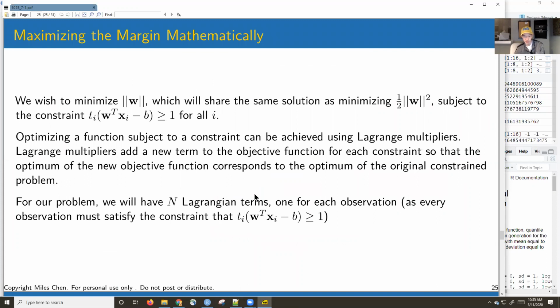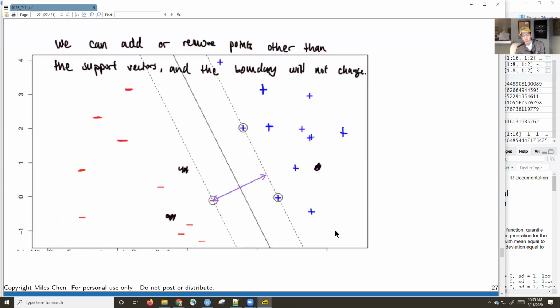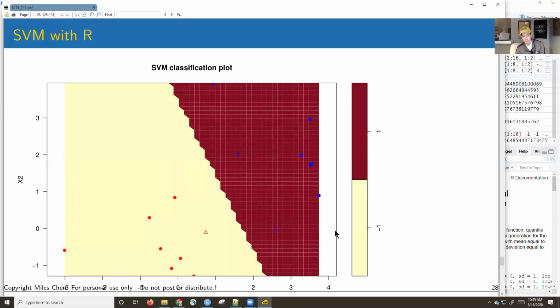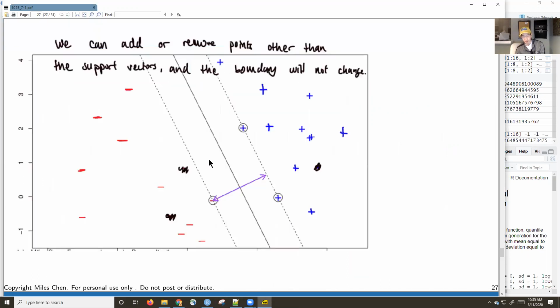Anyway, the constraint that we used here is that W transpose X minus B has to be greater than or equal to 1. Okay, and that's going to give you what's known as the hard margin, and again this is the resulting picture.